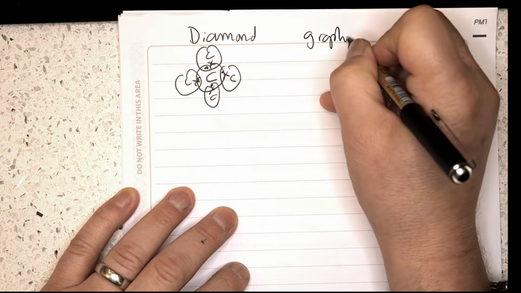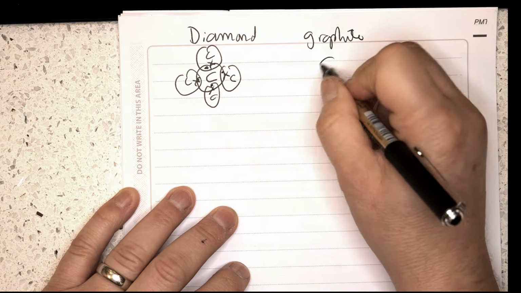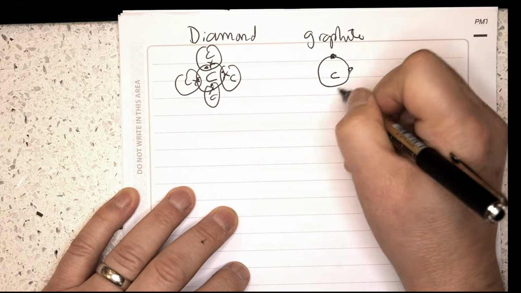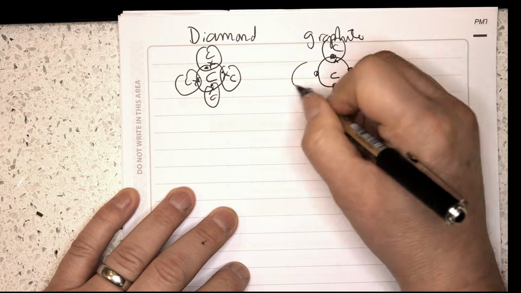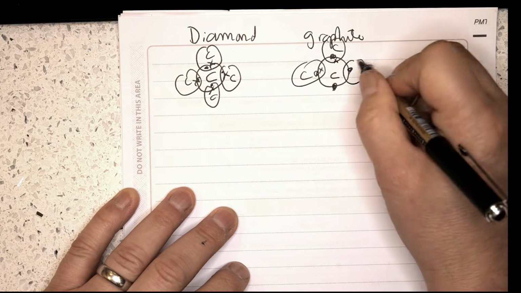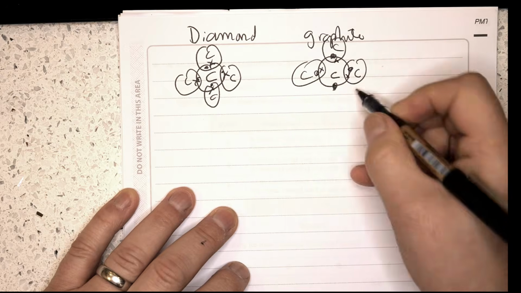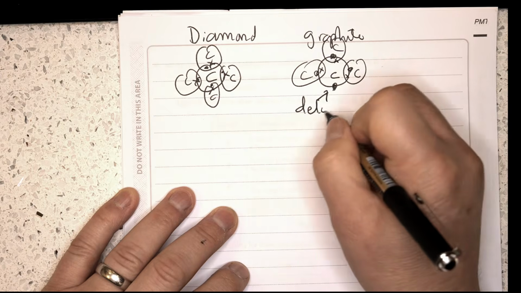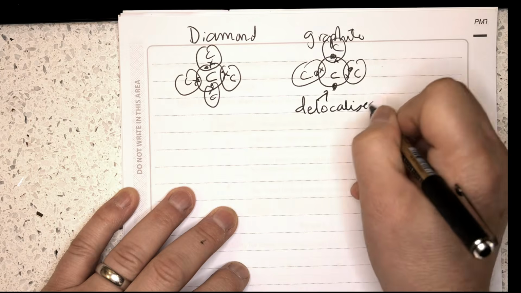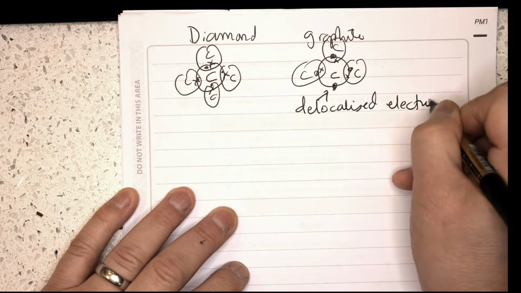Whereas in graphite, the carbon atom is here with its 4 outer shell electrons. This time it only bonds with 3 of these electrons. It makes 3 covalent bonds, and that leaves an electron spare. This is a delocalized electron that is free to move through the structure.